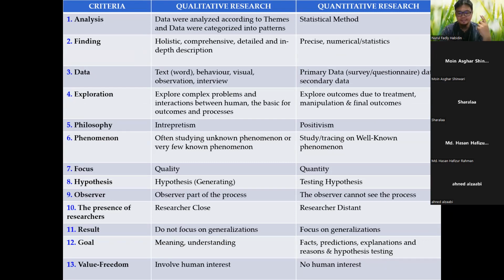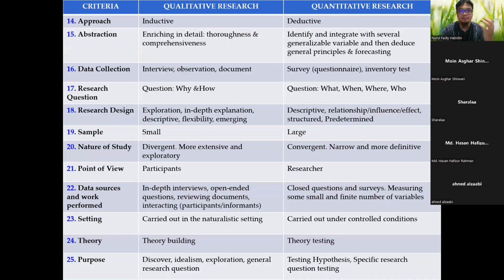So we have analyze, finding, data, exploration, philosophy, phenomena, focus, hypothesis, observer, the present research, result, goal, value, freedoms, approach, abstraction, data collection, research question, research design, sample, nature of the study, point of view, data source and work performed, setting, theory and purpose. In this matter, I need to explain one by one. I need to interpret in detail these 25 differences.